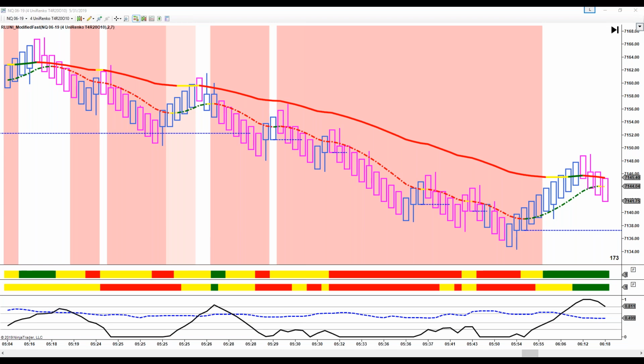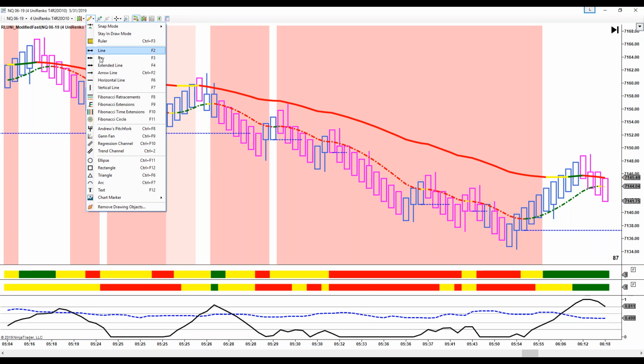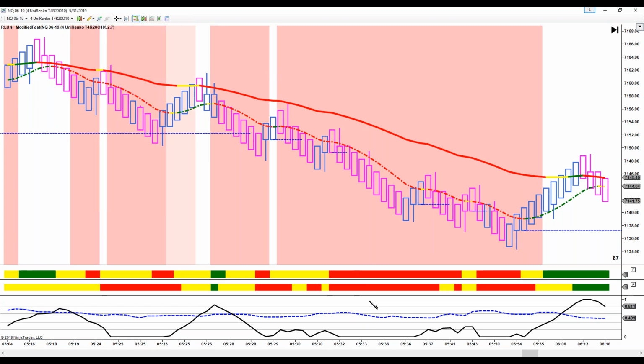Now, there's one other thing that the system has that I need you to understand. This blue line is a measure. It's called fractal energy on the chart, but really what it is, is a measure of volatility. Now, what happens to volatility in a trending market?